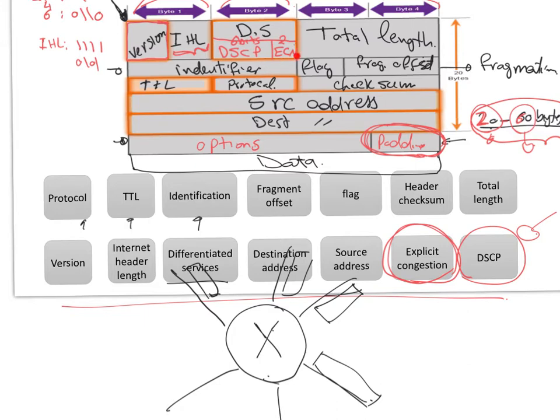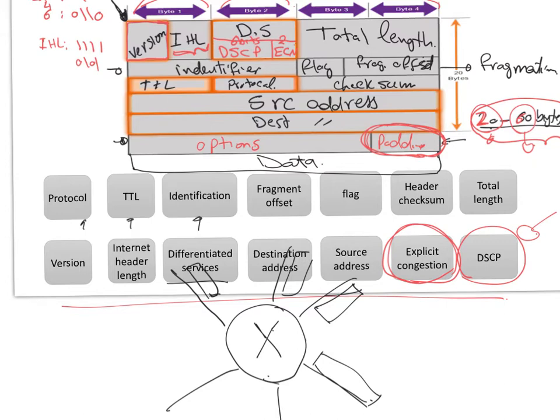For example, for explicit congestion notification, there is no mandate that you have to send it back to the source. It's optional. And the differentiated service code point, they define 6 bits, but they don't actually define any details. They don't say that you have to use this for video, this for audio. They leave it up to the vendor who implements the standard on the router to use these fields in any way they see appropriate.